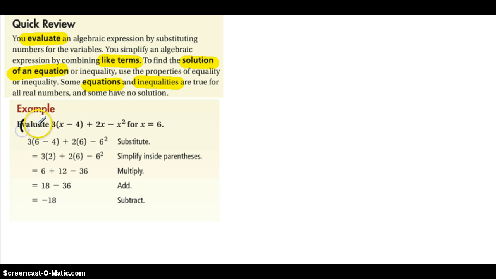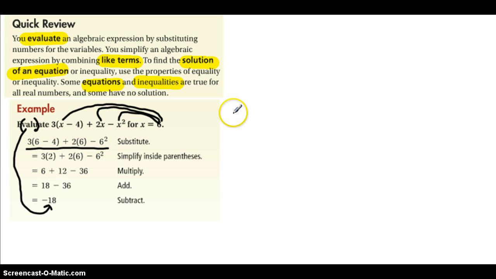This word right here, value. In other words, we're looking for a value at the end, because all we're doing is plugging in this value for this x, and for this x, right here, and for this x. And here's what it's going to look like when you plug those in. Then simplify using your PEMDAS.